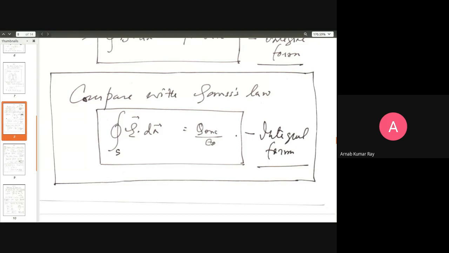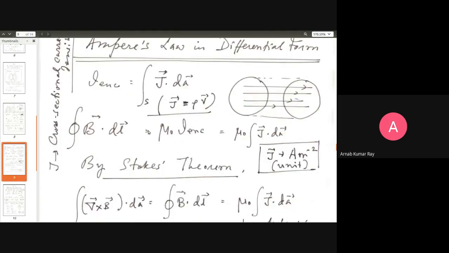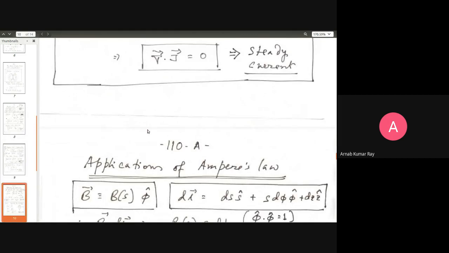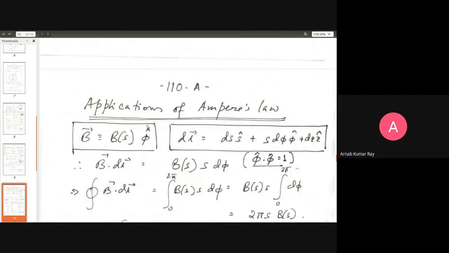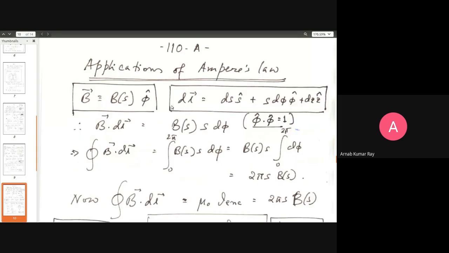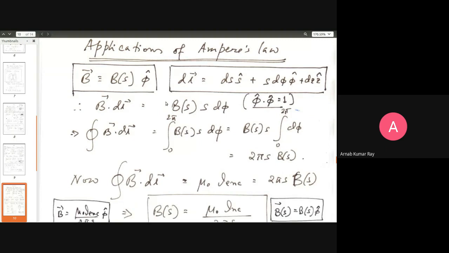Depending upon the symmetry, for instance spherical symmetry, the closed surface integral on the left-hand side will give you E into 4 pi r squared. Here we shall do something similar. We shall use Ampere's law in the integral form to find the magnetic field in certain cases.